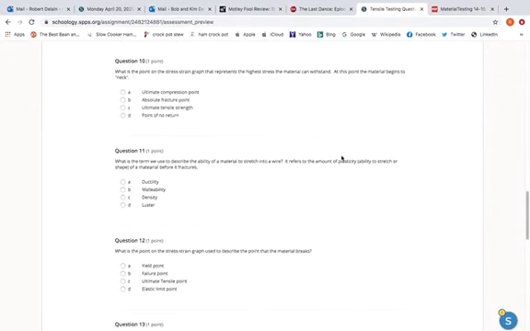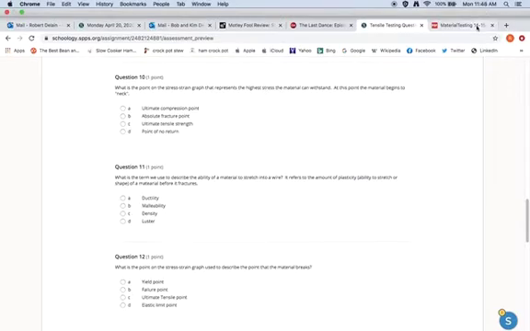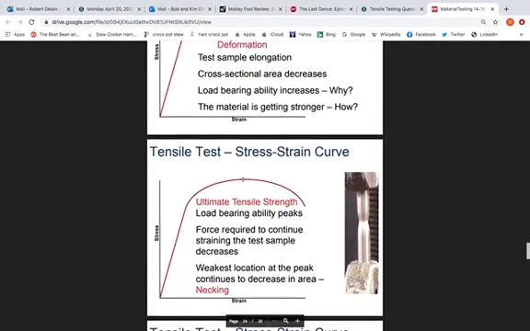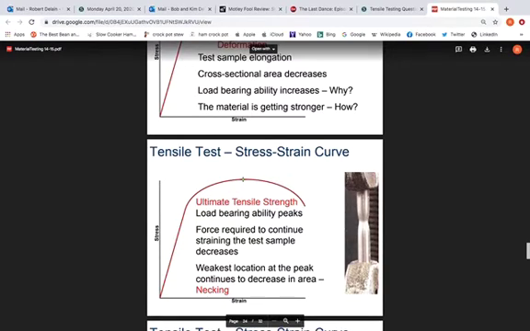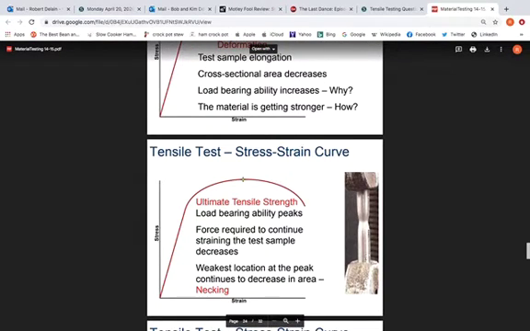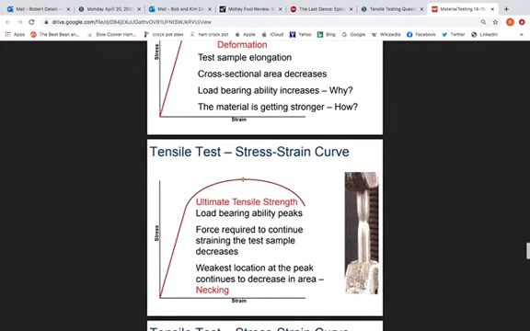Okay, number 10. What is the point of the stress strain graph that represents the highest stress the material can withstand, or the point that the material begins to neck, which means that it begins to thin out? Okay, and this is the idea right here, this picture on the right hand side, where the material is getting pulled from the top and the bottom, and it begins to get thin.